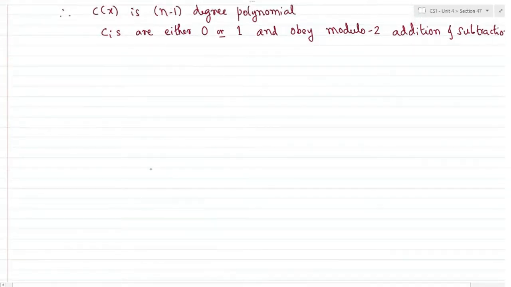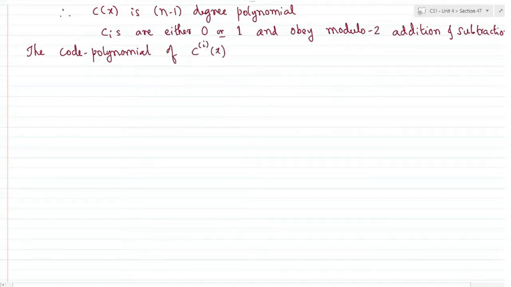Such that the code polynomial in general, C superscript I of x, where superscript I represents the ith time cyclically shifted towards left.